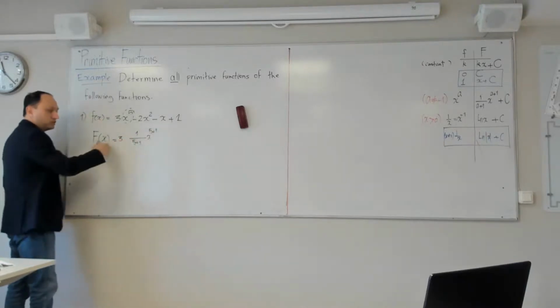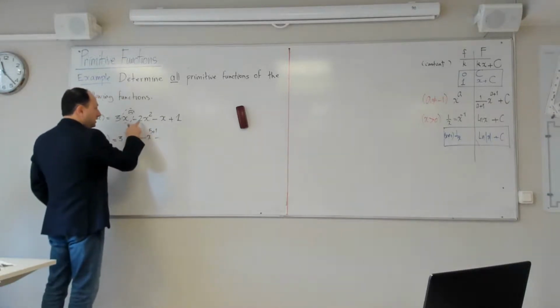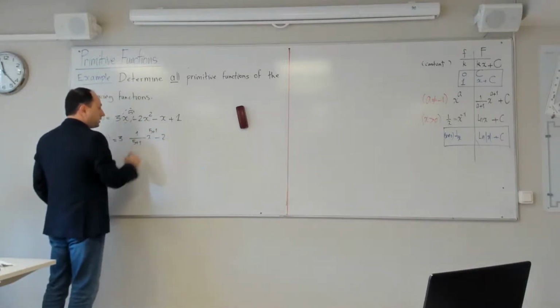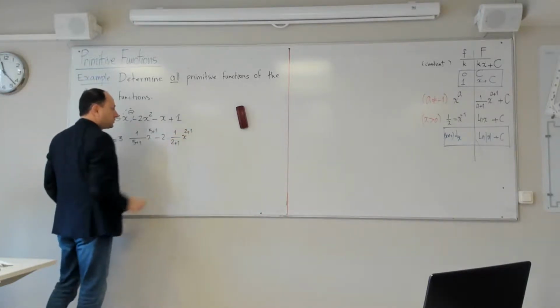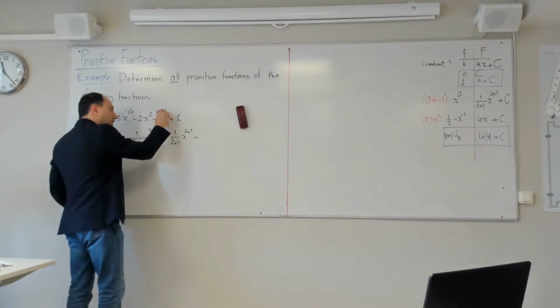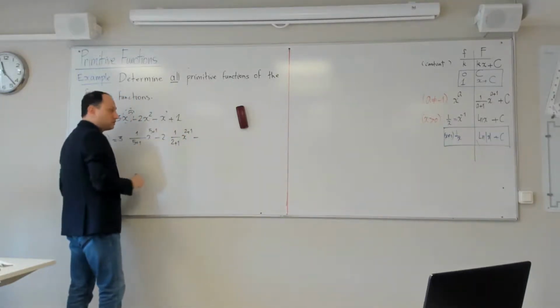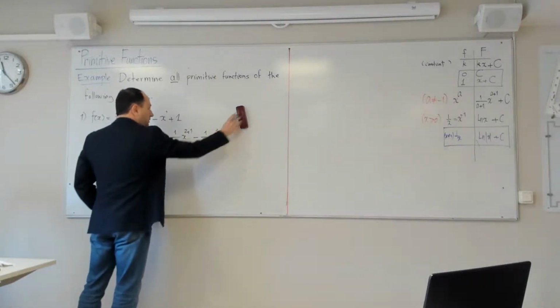I really don't want you to write these details. Just do it quickly. But for the first time, let me just do it. Minus 2 multiplied by 1 over 2 plus 1, x to the power of 2 plus 1. The power of x, which is not written, is 1. So this becomes plus 1 over 1 plus 1, x to the power of 1 plus 1.